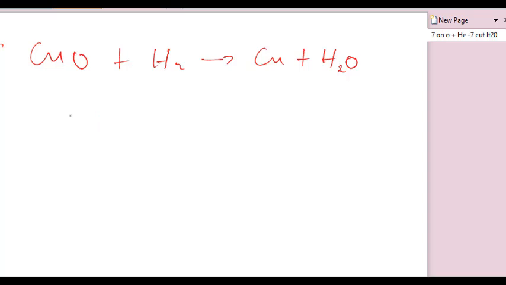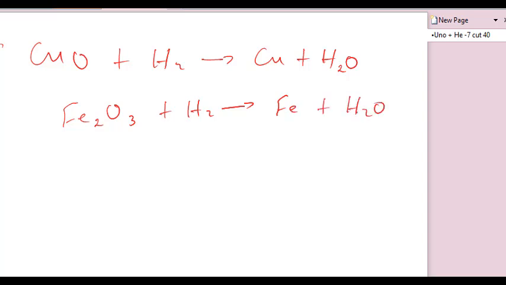When you have iron, let's look at iron(III) oxide. If we react it with hydrogen, it will give us iron, and we have water produced. How many waters are we going to have? We should have 3 molecules of water, since we have 3 oxygens there.